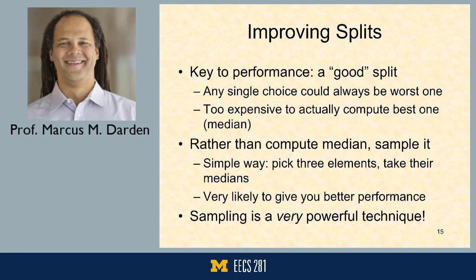I think the G++ STL version of that does something similar to that. It picks 3 elements, finds their median, picks 3 more elements, finds their median, picks 3 more elements, finds their median, and then finds the median of those 3 medians and says, this is what I'm going to use as my pivot.